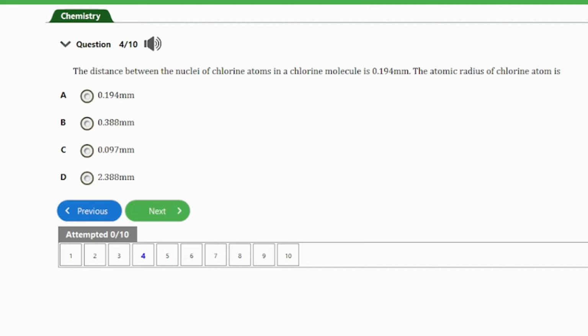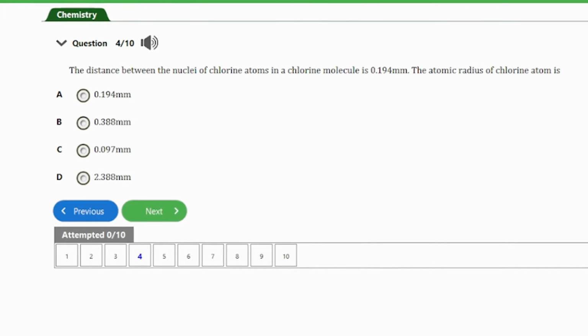It says, the distance between the nuclei of chlorine atoms in a chlorine molecule is 0.194 millimeters. The atomic radius of chlorine atom is A, 0.194 millimeters, B, 0.388 millimeters, C, 0.097 millimeters, D, 2.388 millimeters.